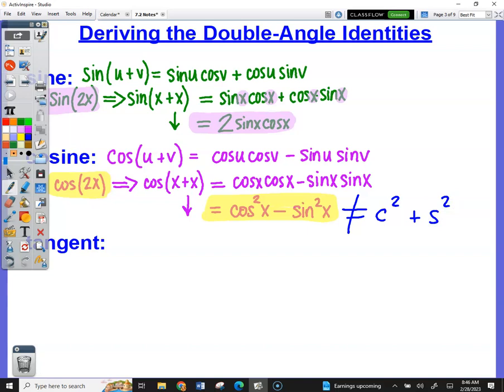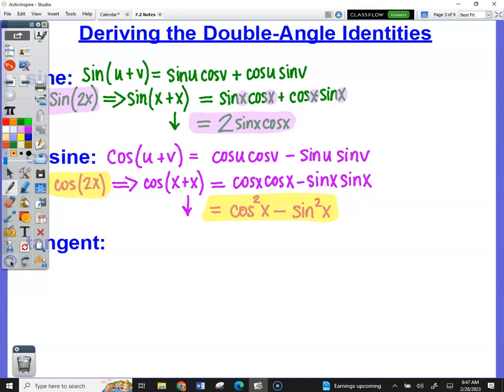And you can't say it's -1. Like you can't say cosine squared plus sine squared is 1. Well, if there's a negative, then it's -1. No, not possible, because this would also need to be negative for that to happen, and it's not. So be careful there. That's a be careful moment.